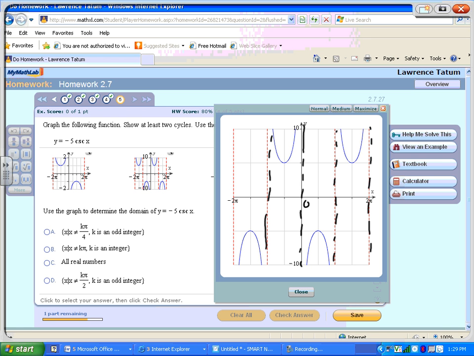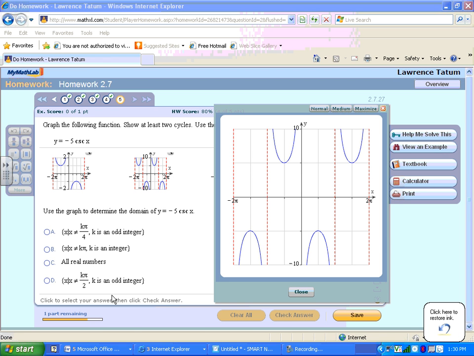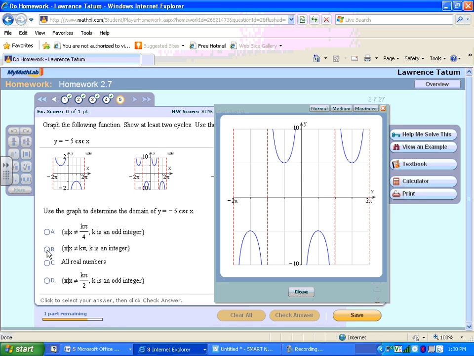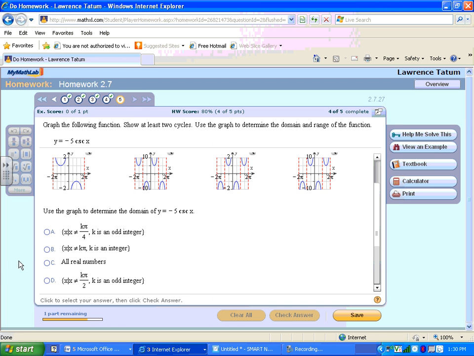So if you notice that 0, pi, and 2 pi, that would just be multiples of pi. So those are the places where it could not be defined. So which one is telling me the multiples of pi? So that would be B there.